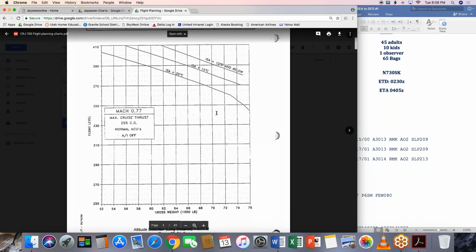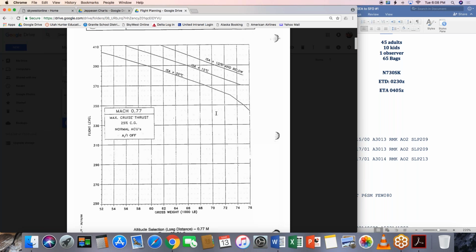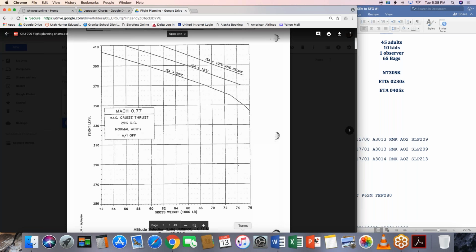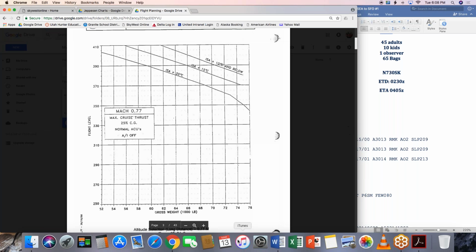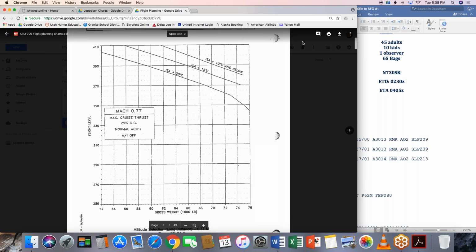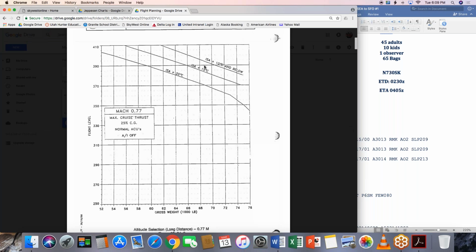Okay, I remember now. So this chart, when we look at it, is picking our cruise altitude. Across the bottom here, we have our gross weights, which we figured out on our weight and balance chart.